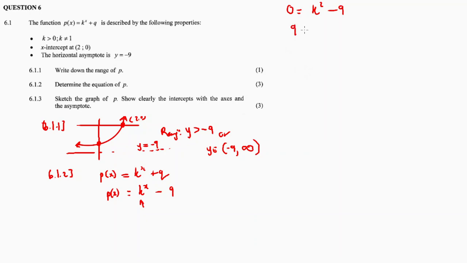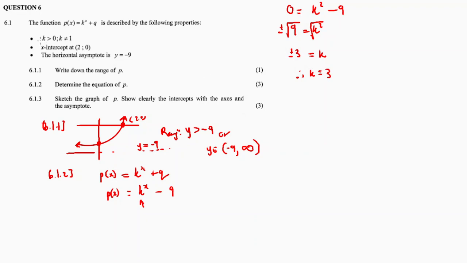Transpose 9, so k squared equals 9. Why am I square rooting? Because I want the value for k. The value for k is equal to plus or minus the square root of 9, so it's plus or minus 3. Therefore, k must be equal to positive 3. Why?